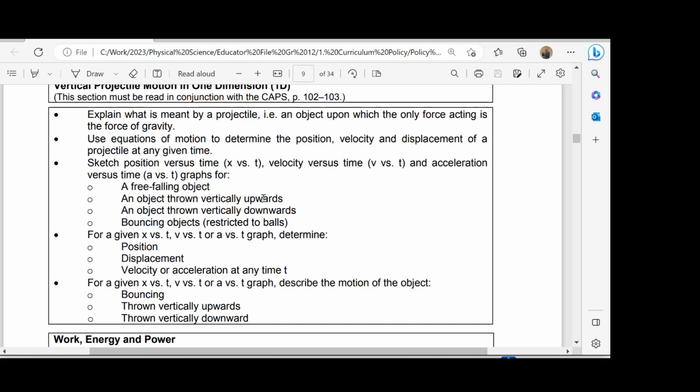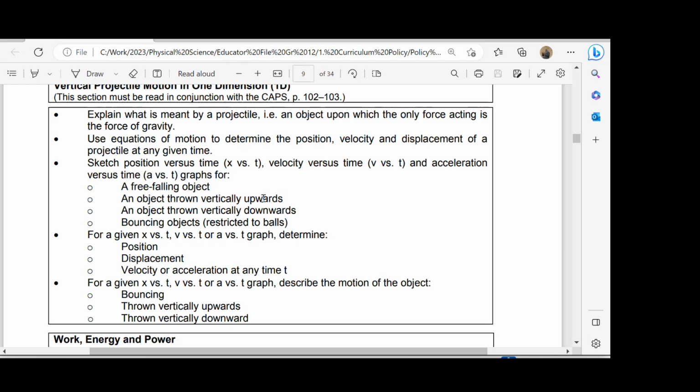You must be able to use the equations of motion to determine the position, velocity, and displacement of a projectile at any given point. You should be able to sketch position versus time graphs.